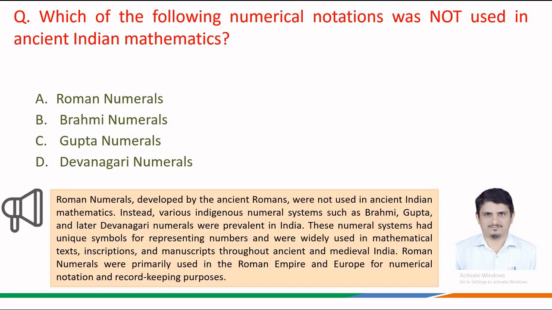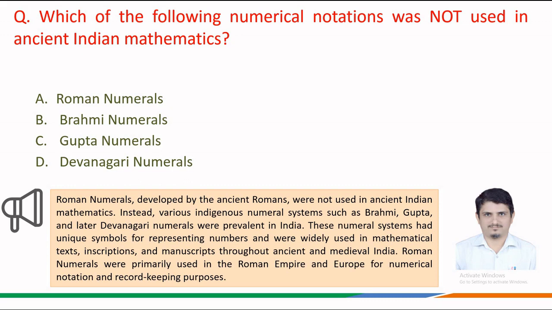Points to consider here are Roman numerals developed by the ancient Romans were not used in ancient Indian mathematics. Instead, various indigenous numeral systems such as Brahmi, Gupta and later Devanagari numerals were prevalent in India.